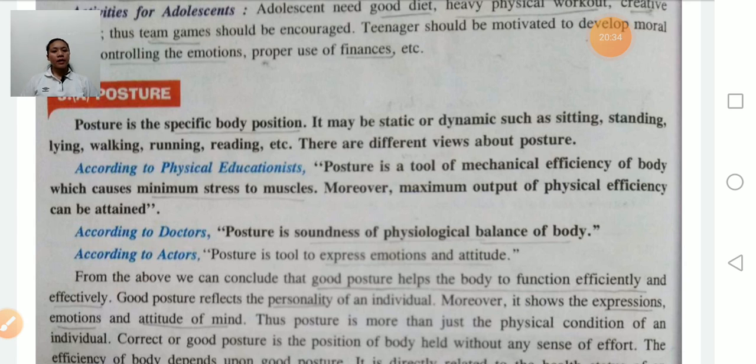If the person has good posture, then there will be less fatigue. The best posture is that in which the body segments are balanced in a position of less stress, less strain and maximum support.